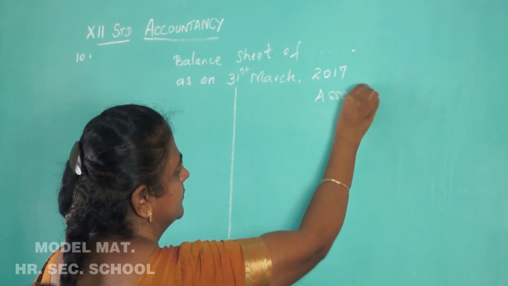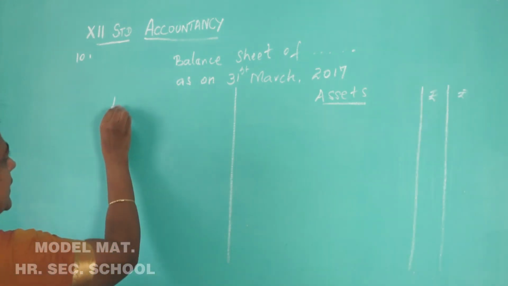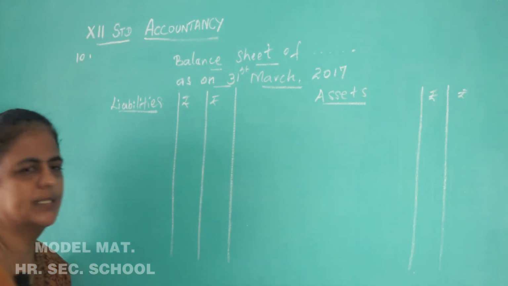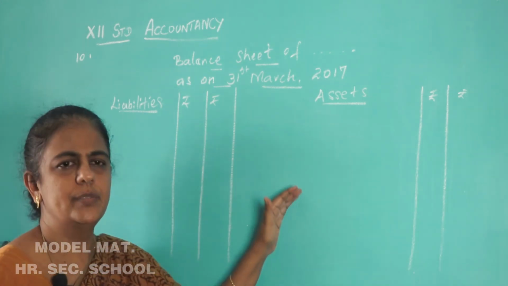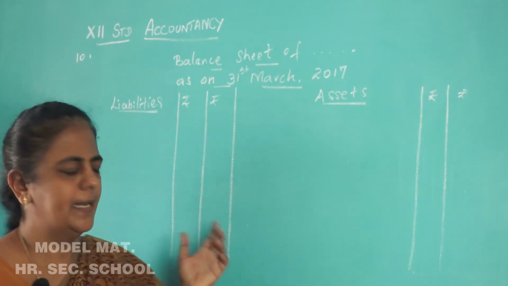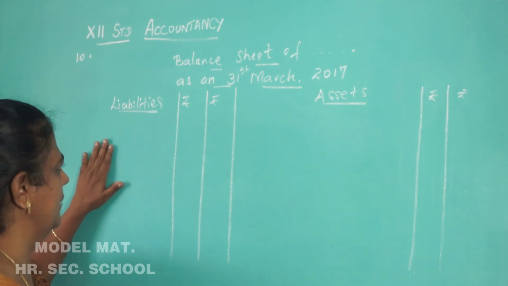Assets, liabilities. Now what are the things you must enter in the balance sheet? You have to write on the asset side whichever income is outstanding for the current year and previous year, and any income which is received in advance has to be written on the liability side.